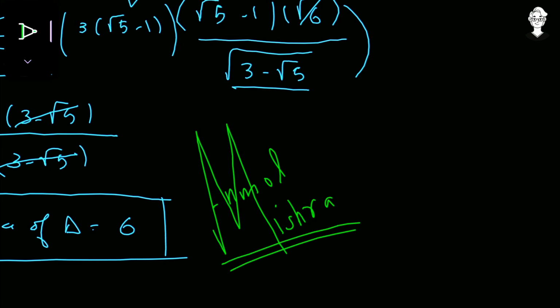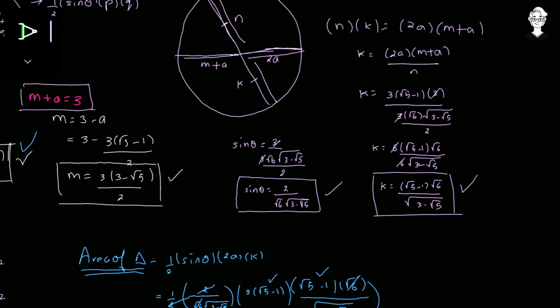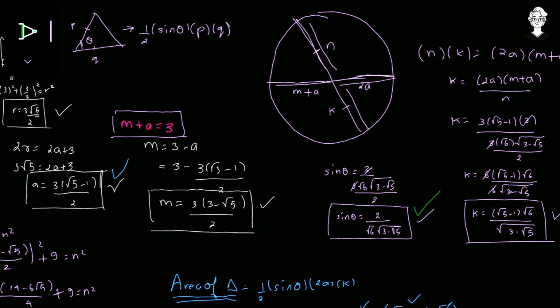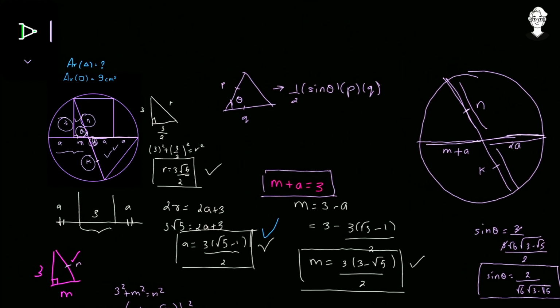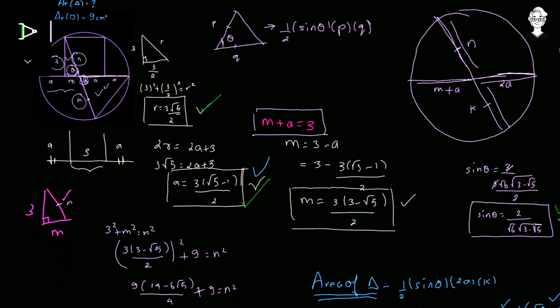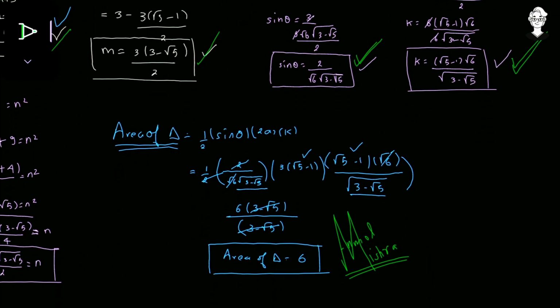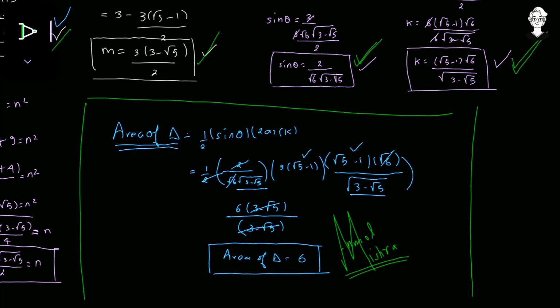The method to solve for the value of n was to find the length of k and the value of sine theta. All the things were related. From the area of the square we got the radius, from radius a, from a m, from m n, from n k, and after this all the things combined together to give us the area of this particular triangle, that is equal to 6 centimeter square.